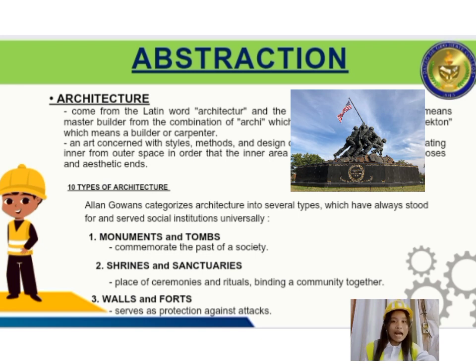The first type of architecture that we are going to discuss is the monuments and tombs. Monuments and tombs commemorate the past of a society. One example of this is the Iwo Jima Monument at Arlington National Cemetery, as well as Grant's Tomb in New York.